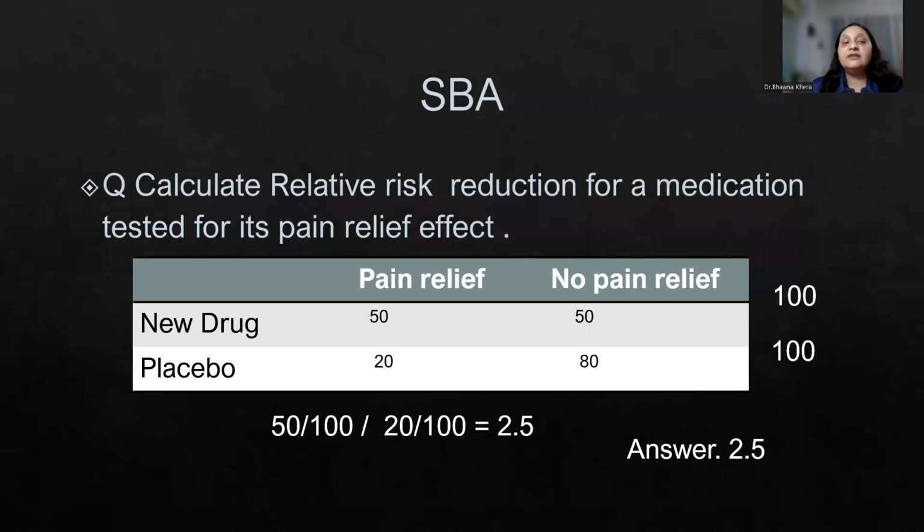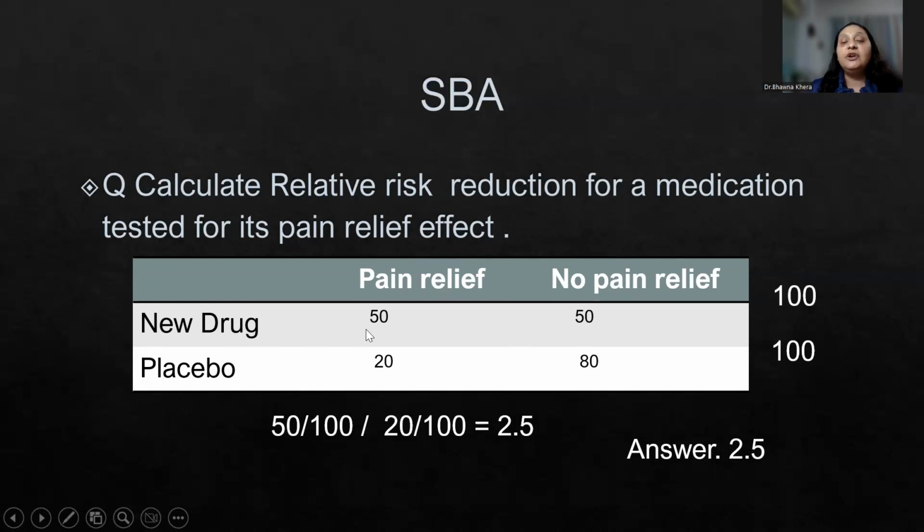In this case, calculate the relative risk reduction for a medication tested for its pain relief effect. This is the chart we have. The exposure is that the patient was exposed to the new drug or to the placebo, with outcomes pain relief and no pain relief.